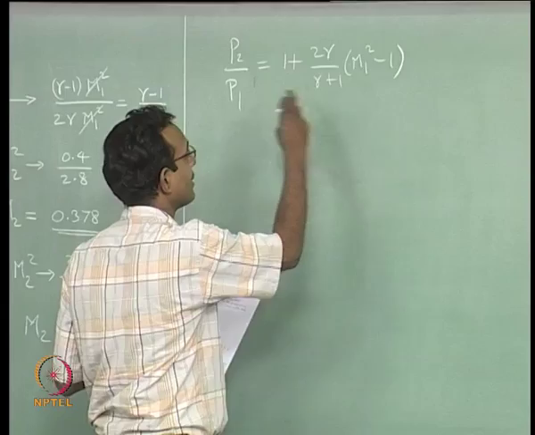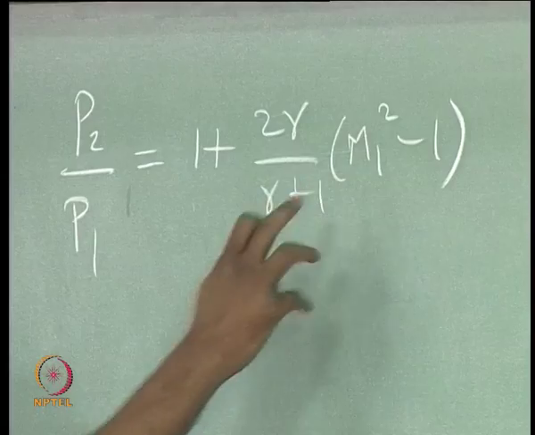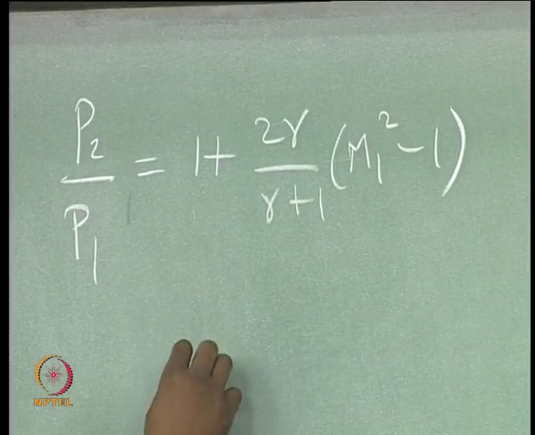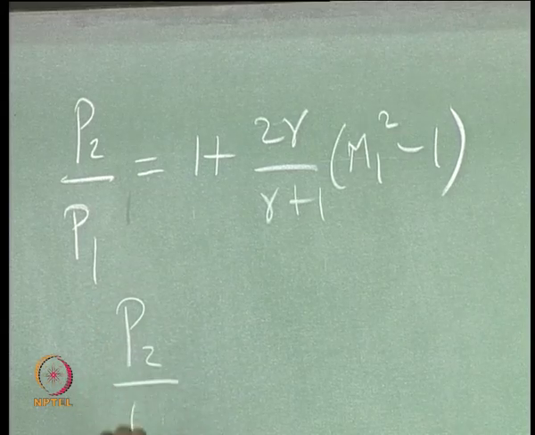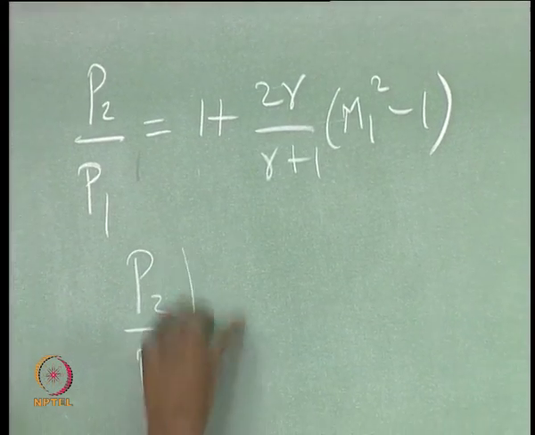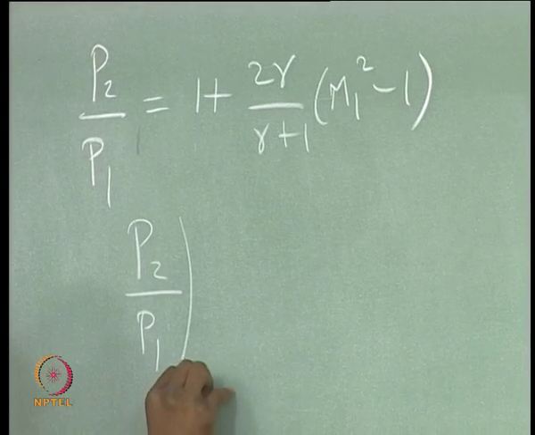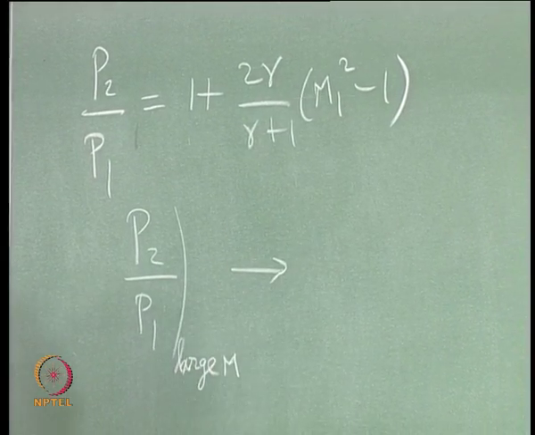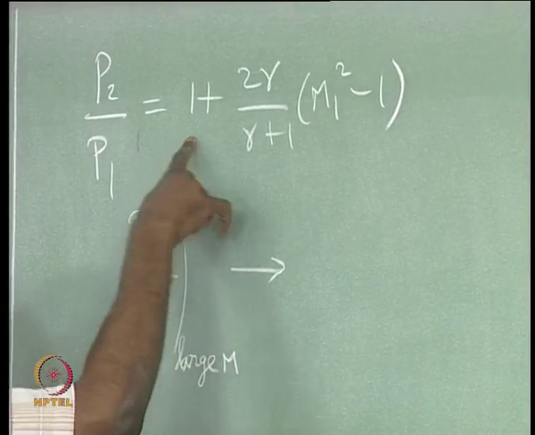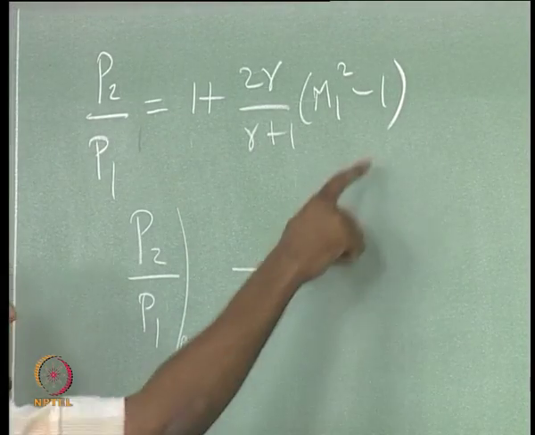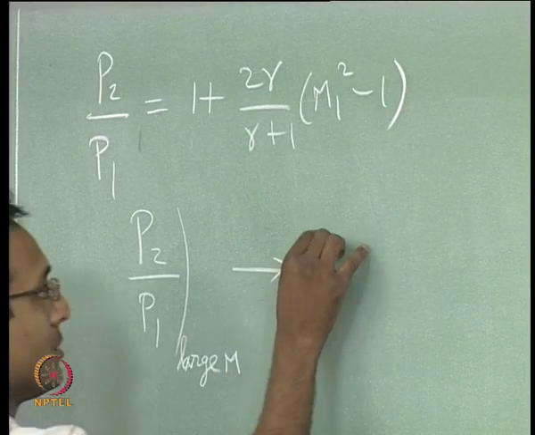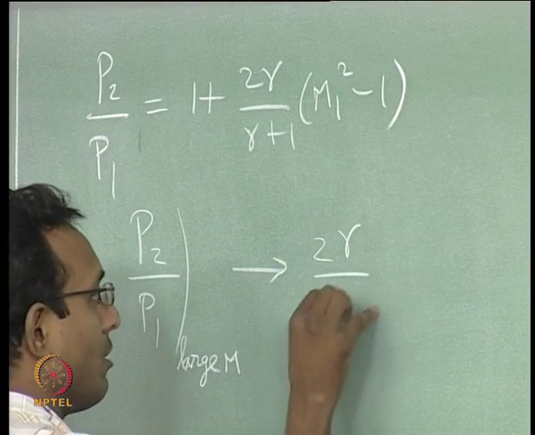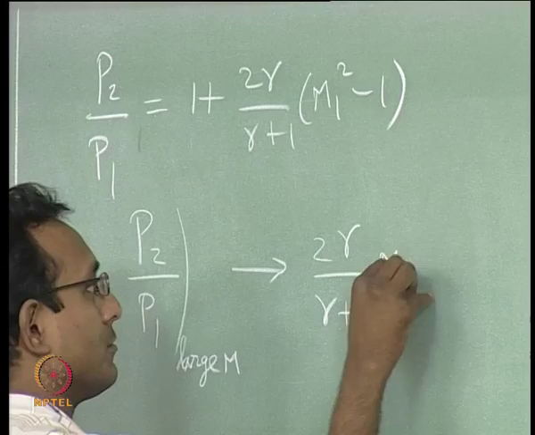If I look at this, if I say M1 is a very big number, I am trying to go to the asymptote. So, P2 by P1 for large M1 will tend to, I will neglect this 1 with respect to M square, I will neglect this one also with respect to M square. So, it is just going to become 2 gamma by gamma plus 1 M1 square.